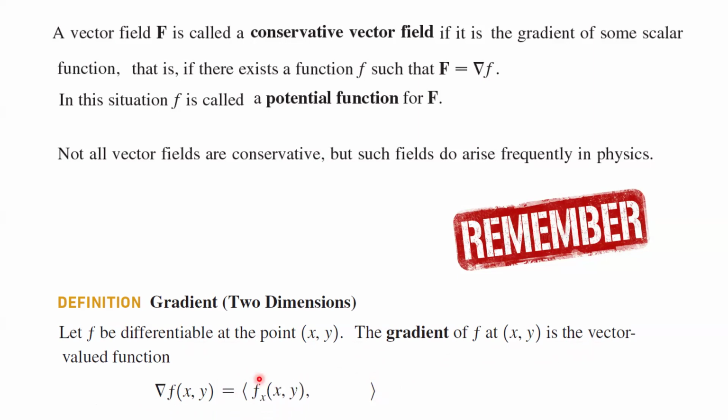The first component is the partial derivative of f with respect to x. And the second component is the partial derivative of f with respect to y. So this helps us to verify if a given function is a potential function for a vector field or not.